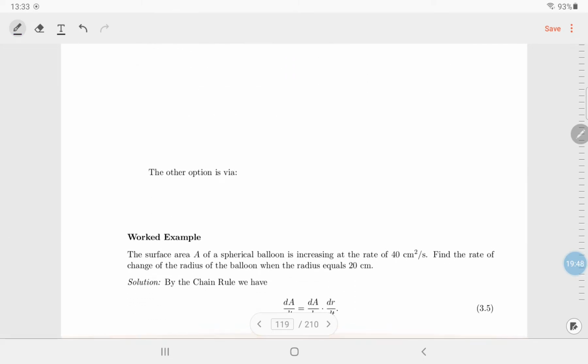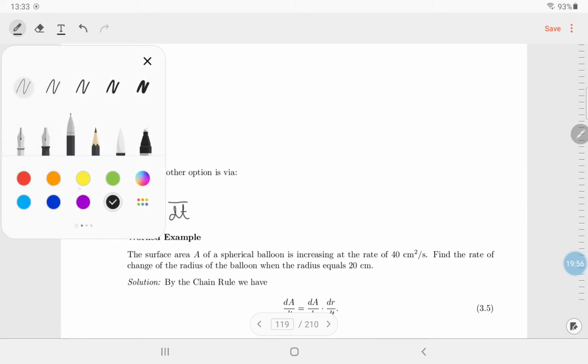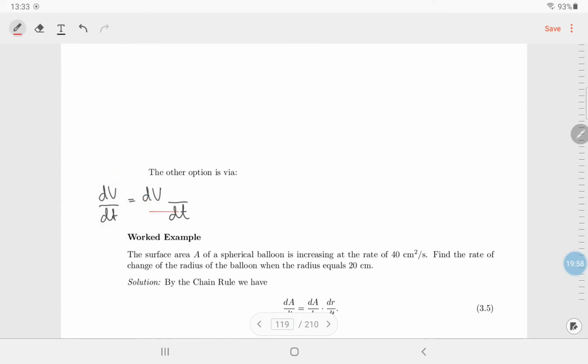So you end up writing something like dV/dt is equal to dV/dt and then put in the other stuff, which is dA. But you're actually stuck here because you don't know how to differentiate volume with respect to area.